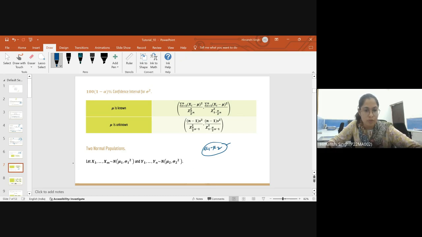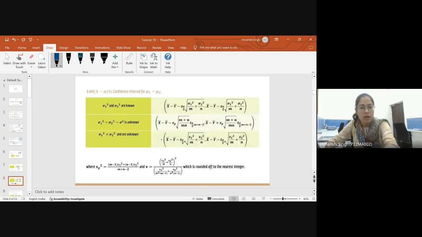Then the confidence interval for mu1 minus mu2 will basically have three conditions: sigma 1 square and sigma 2 square both known; both unknown and equal; and the third, both unknown and unequal.